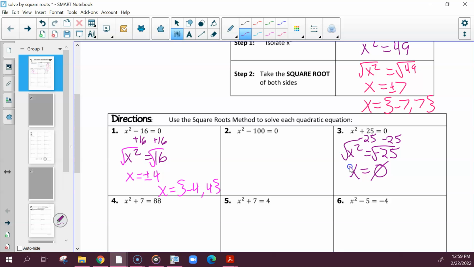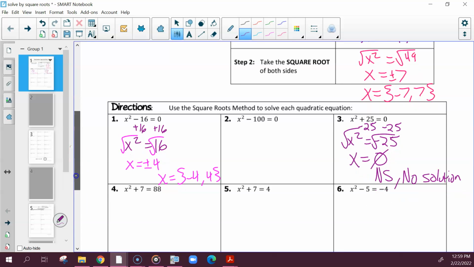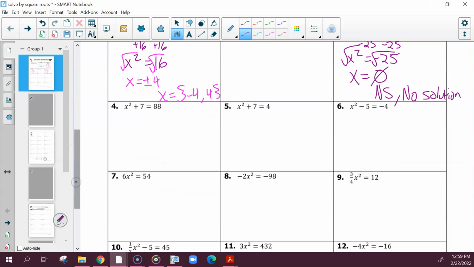So you can say 0 with a line through it, and s, no solution, any of those. So if you get a negative, we cannot have a negative underneath the square root for this class. That will change moving forward in your next math class. Right? Try some more.